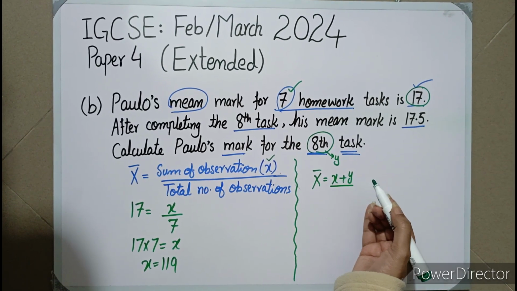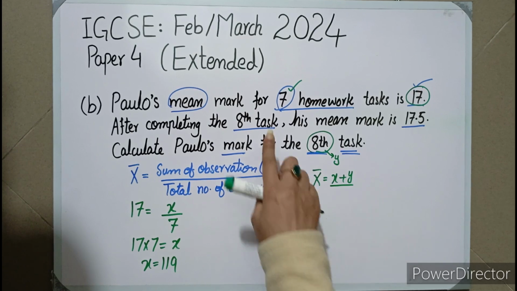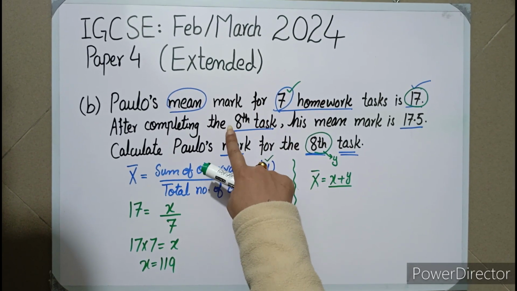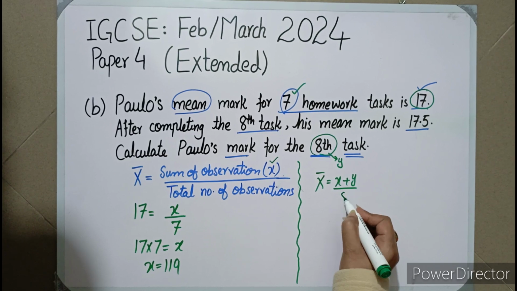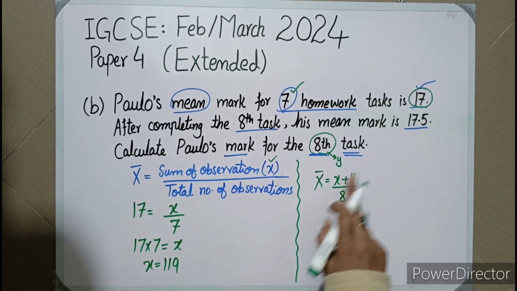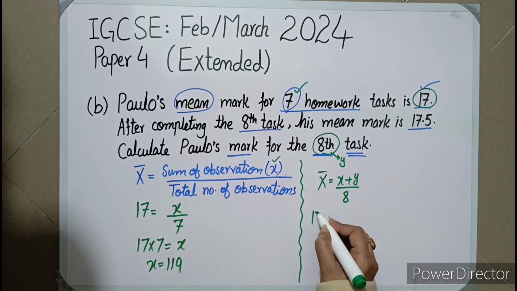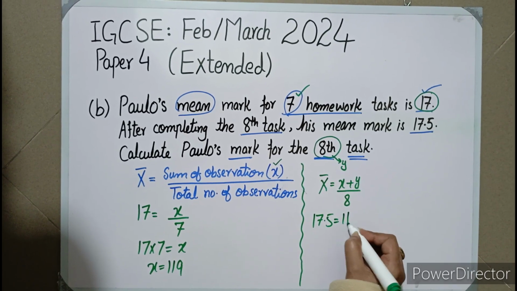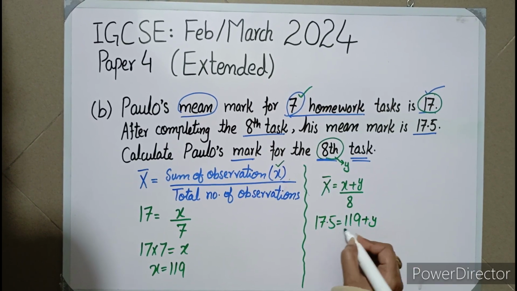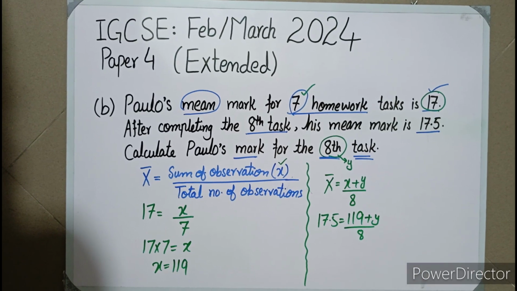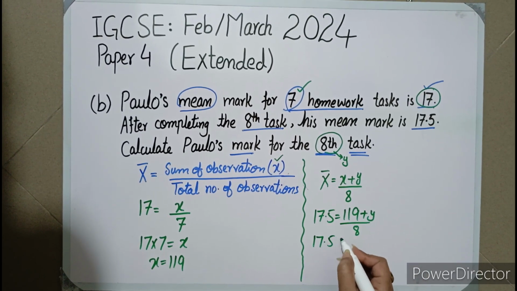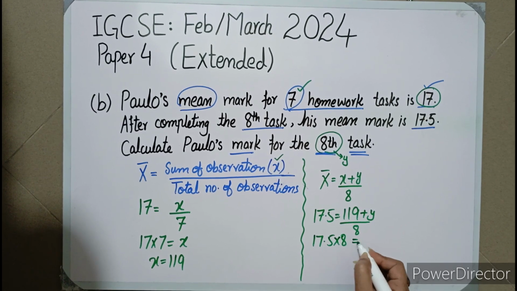And the total number of observations has changed this time because previously they were 7 in number. While adding one more, it will become 8. And this time the mean is given as 17.5. The value of x is 119. You have to multiply this 8 with 17.5.